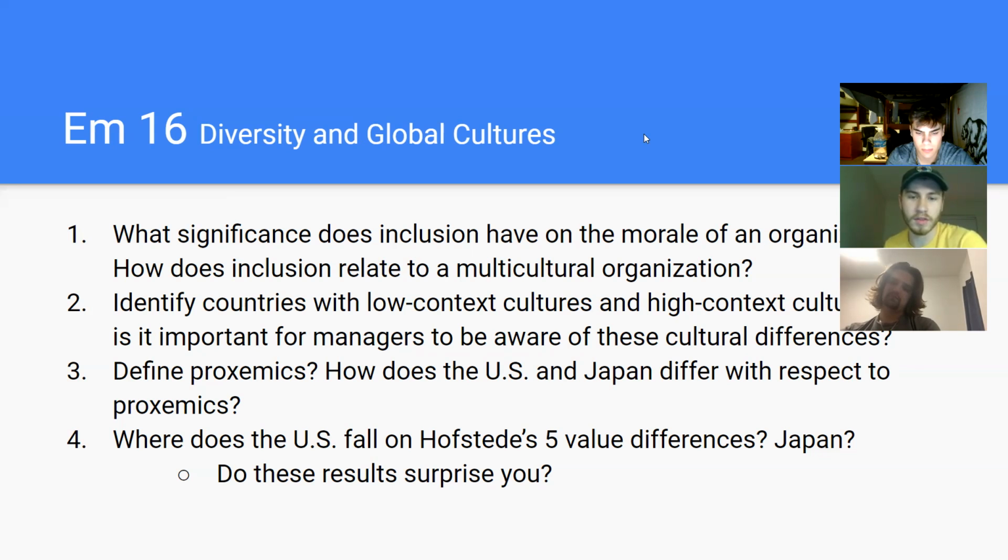And the way that this works when it comes to the difference between the US and Japan, based on the research that we were doing, it looks like in the US, we're a lot more focused on the individual. So we're a lot more used to working by ourselves or in very small groups where we're not going to be in super close proximity with other people. Whereas Japan, they're all about groups of people and working with lots of people. So you'll find that in Japan, people are going to stand a lot closer to each other.